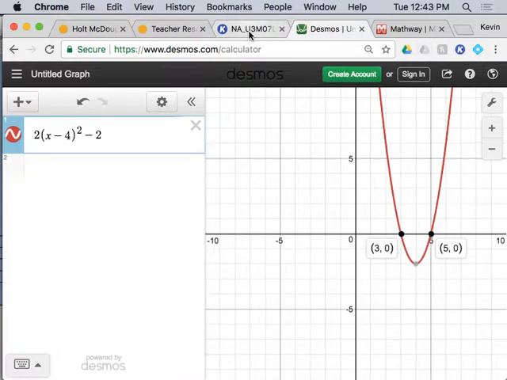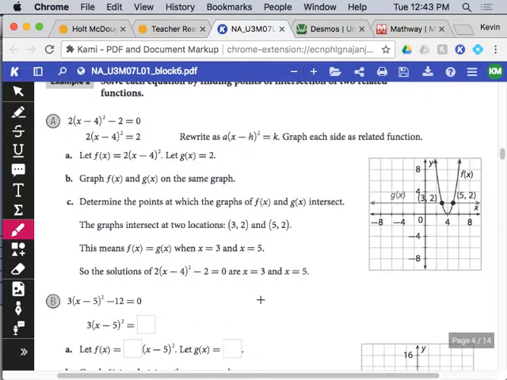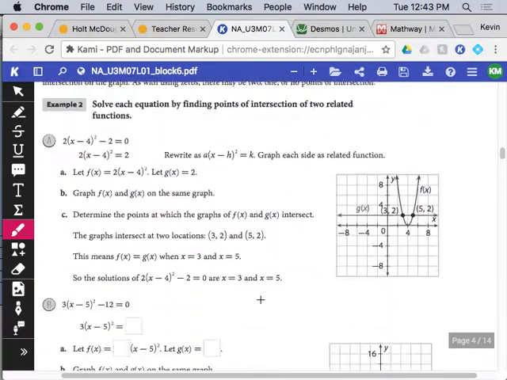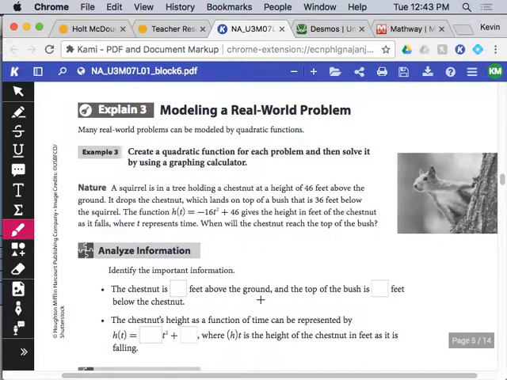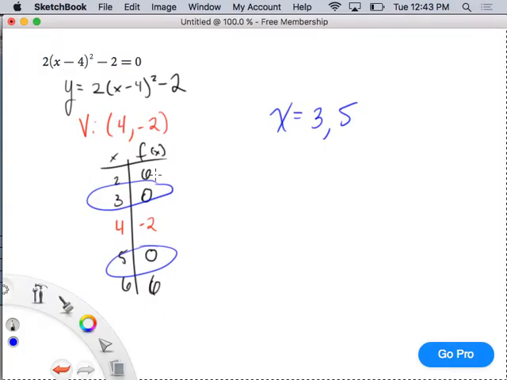All right. Now, let's take it a step further, modeling a real-world problem. Our squirrel friend is going to lend us his mathematical genius. We read where it says nature. A squirrel is in a tree holding a chestnut at a height of 46 feet above the ground. Okay, let's draw our picture here.